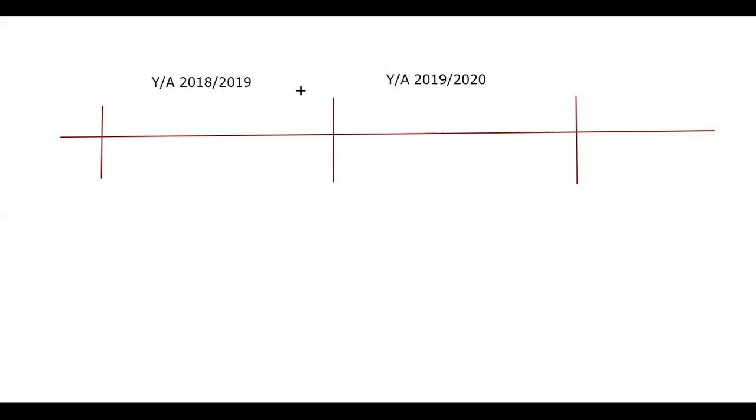Let's say the prior year 2018-19 tax liability is 100 million. Under the previous law, in order to avoid penalties, what you did was divide the prior year tax liability and pay one quarter of that.